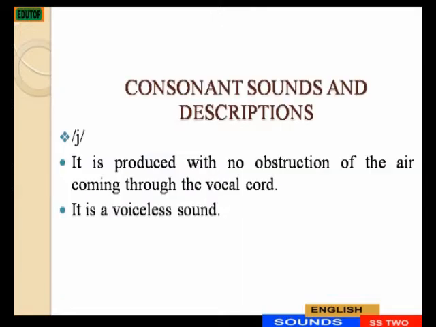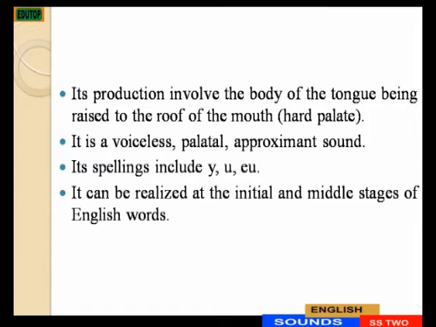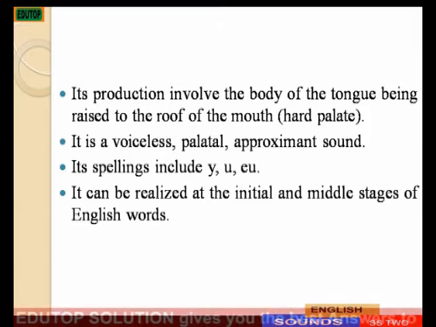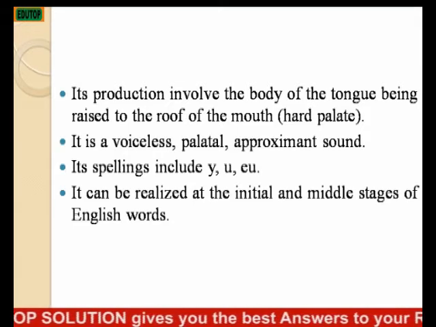Another one is y. It is produced with no obstruction of air, and so it is a voiced sound. When it is produced, the body of the tongue is raised to the roof of the mouth, the hard palate. It is a voiced palatal approximant sound. Spellings include Y, U, and EU.